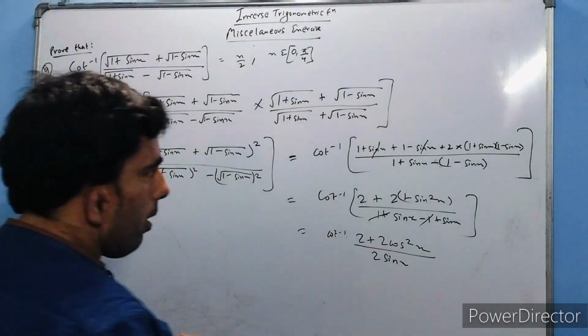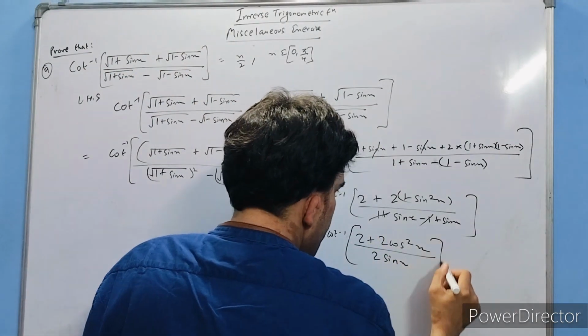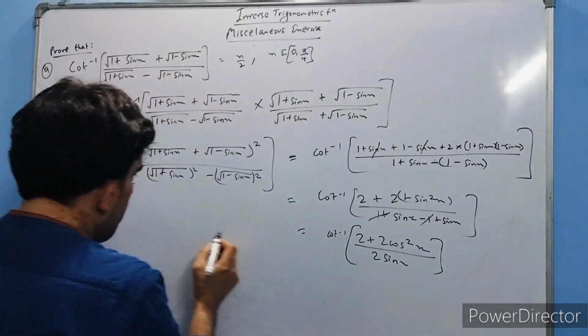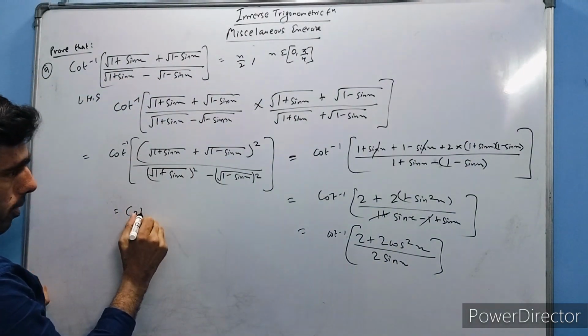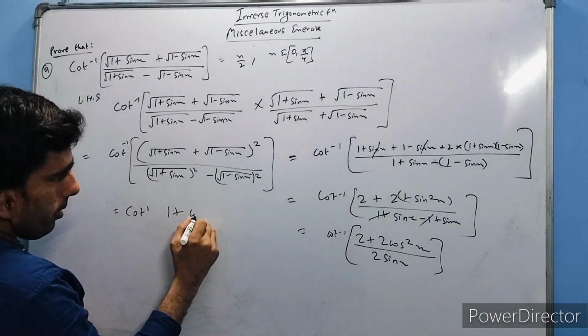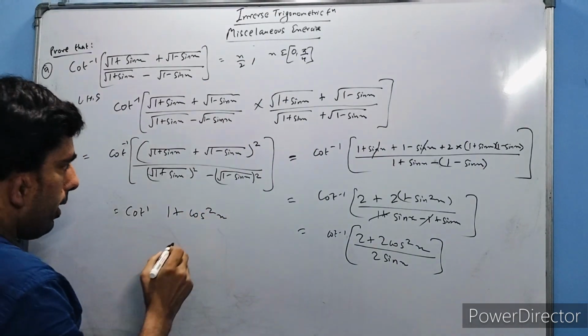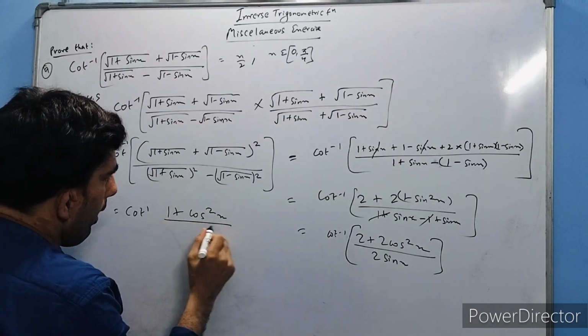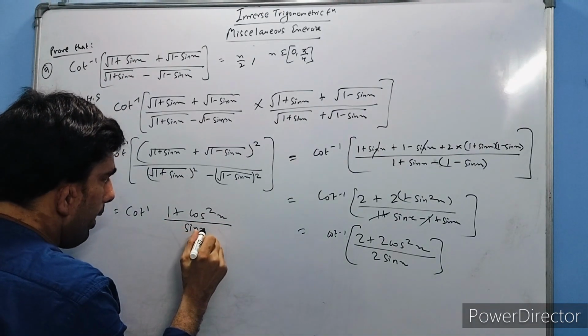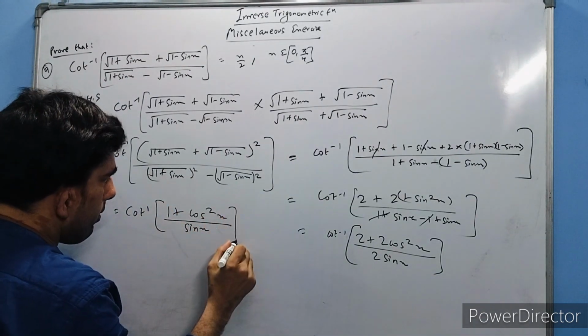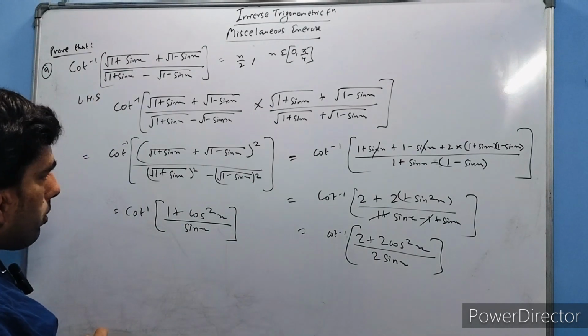Okay, so I got this. So 2 will be reduced here. So let us try to solve this. Cot inverse (1 plus cos square x) upon sin x. Okay, so now I have this.